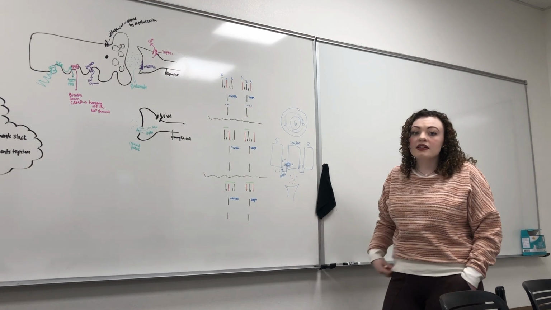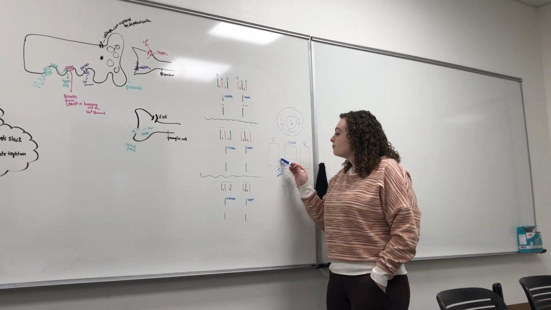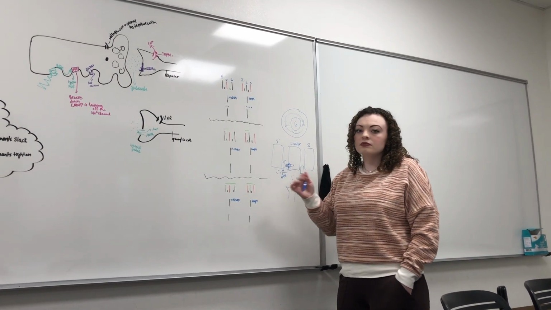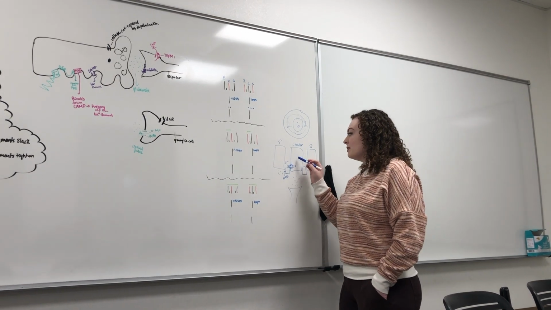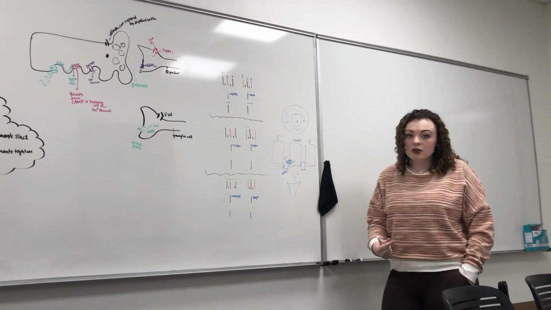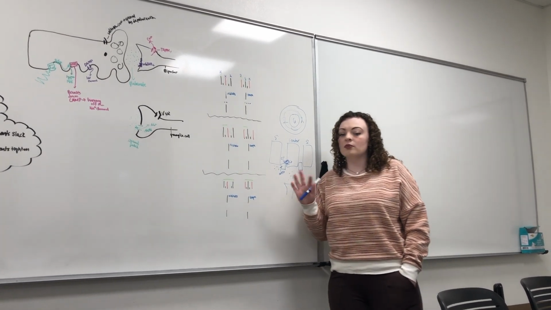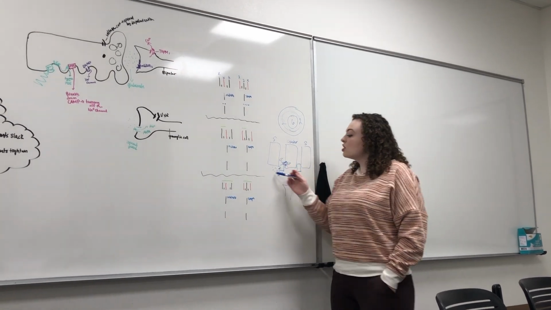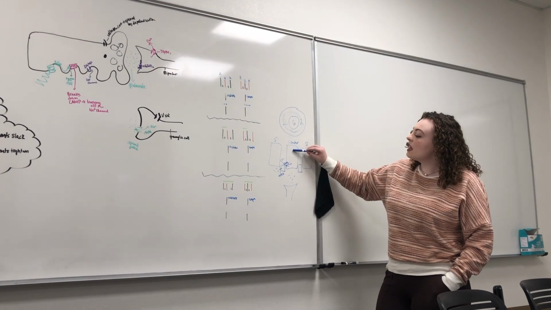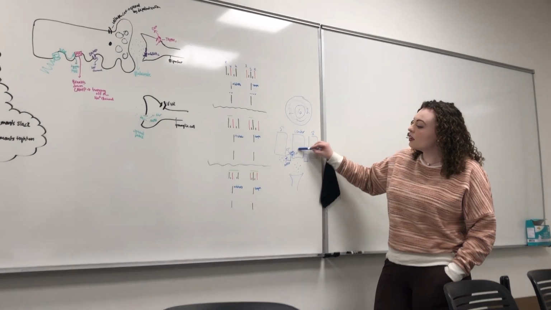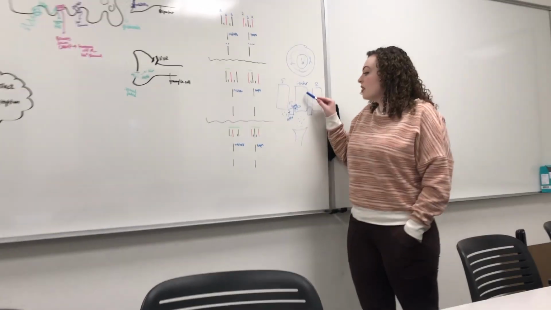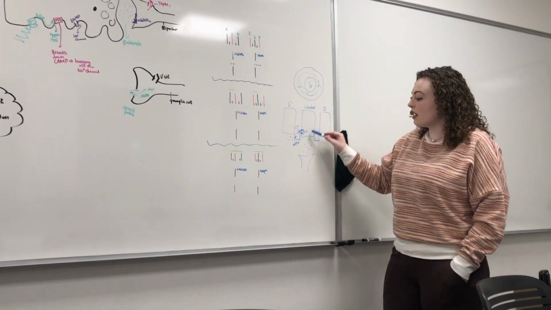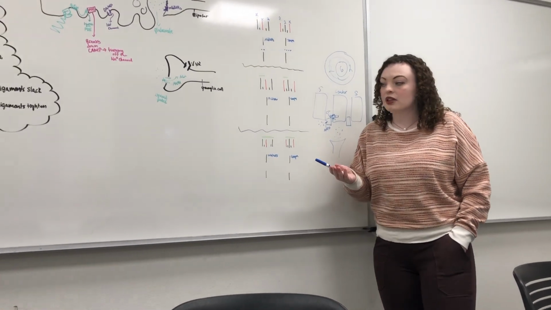Now this chloride has a negative charge associated with it. So when it comes into the cell, it's going to hyperpolarize the cell, making it so an action potential can't go. However, if we shut this off, then we have the necessary calcium to be able to start this whole process of creating an action potential.